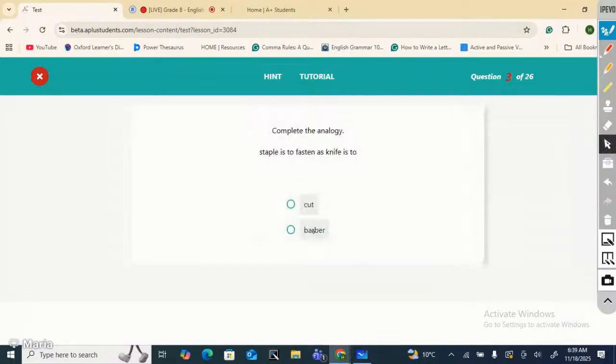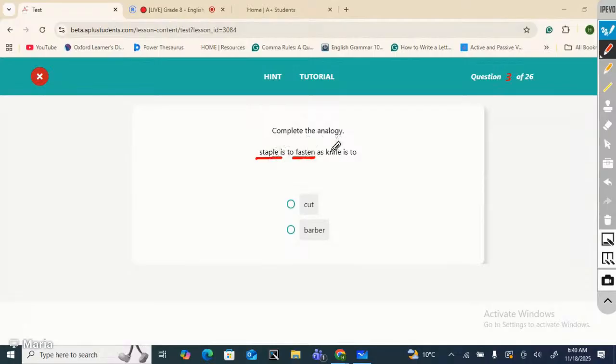Staple is to fasten as knife is to. Staple is used to fasten. So what is it? Item and its purpose. The staple is the name of an item and its purpose is to fasten.